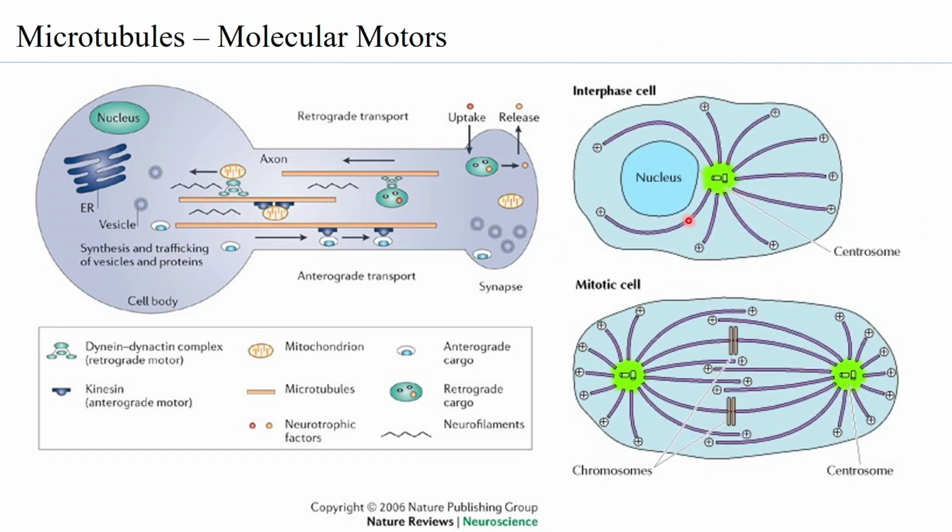In cell division, you can see how you have the plus ends present towards the membrane and the minus end towards the centrosome. When it has to divide, you have two pairs of centrosomes being formed, and then you can see how you have the spindle fibers being arranged to cover the entire cell. So this is how microtubules are functioning in various specific cells to give different functions.